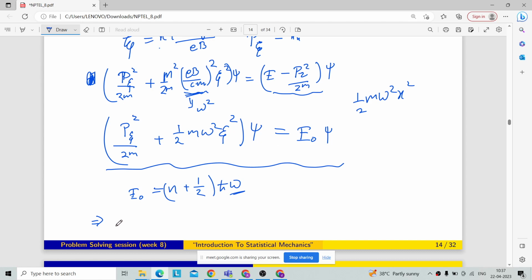So I can substitute back its value. So this is E minus pz square over 2m equal to n plus half h cross omega, where omega square value is E b over m c whole square.